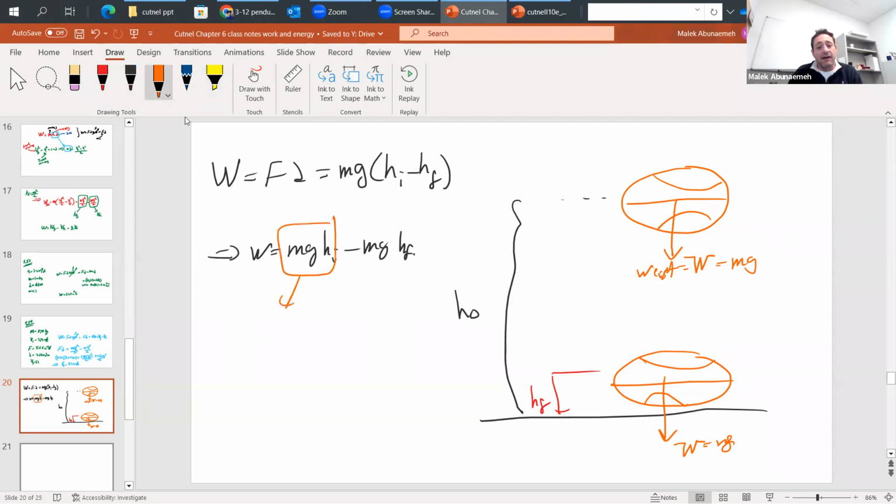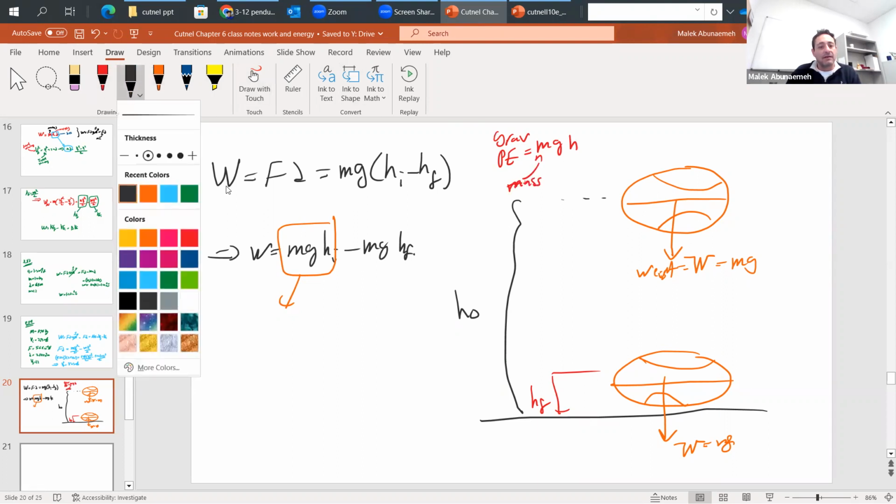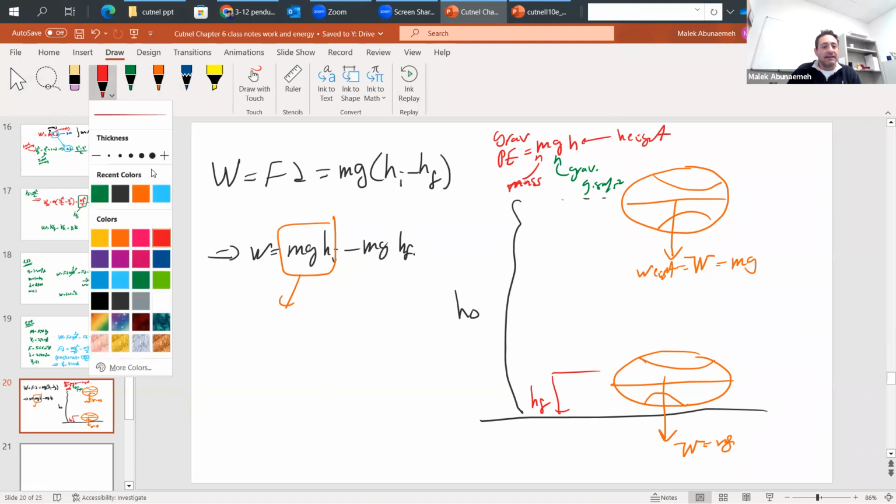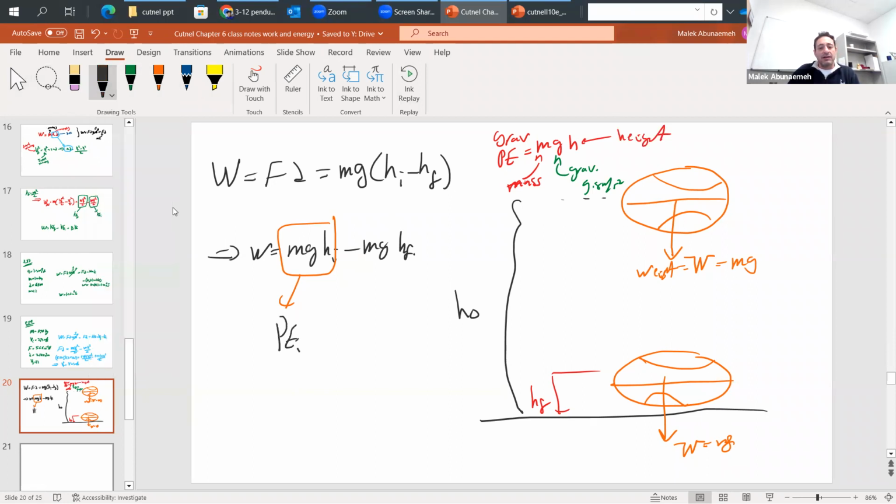Let me write this down in a different color so it won't clash with this one. Your gravitational potential energy, we define it as mgh: your mass times your gravity, which is 9.8 meters per second squared, times h, your height. Which makes this your initial potential energy, and this your final potential energy.